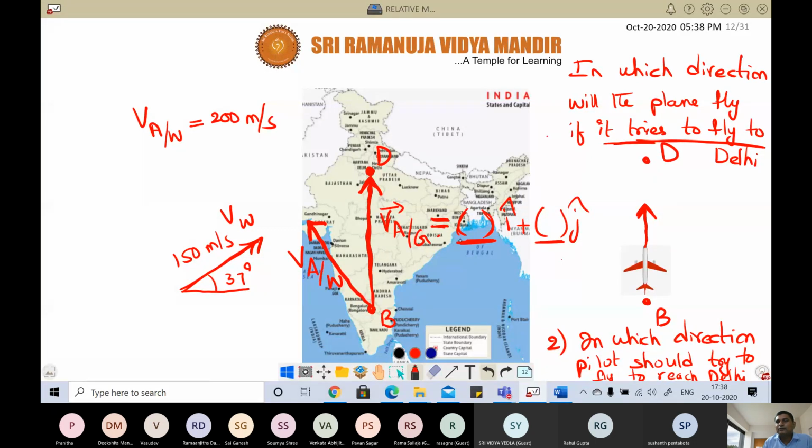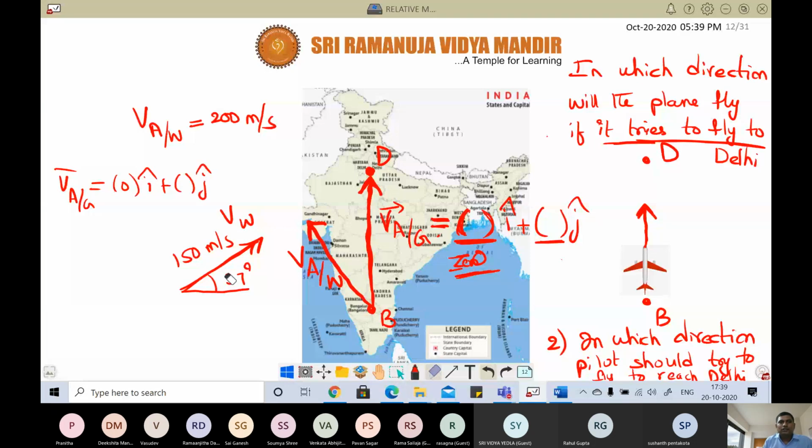That means I should not have an x component. The i cap component should be 0. So when I write the equation, velocity of aeroplane with respect to ground is equal to 0 i cap plus some velocity into j cap.